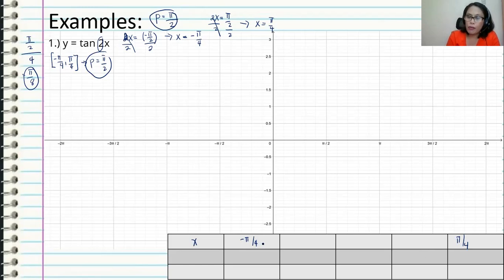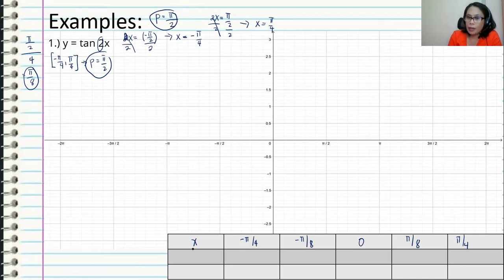And negative pi over 4 plus pi over 8 gives us negative pi over 8. Negative pi over 8 plus pi over 8 gives us 0. And 0 plus pi over 8 is pi over 8. And pi over 8 plus pi over 8 is pi over 4. And then we will evaluate the y values.